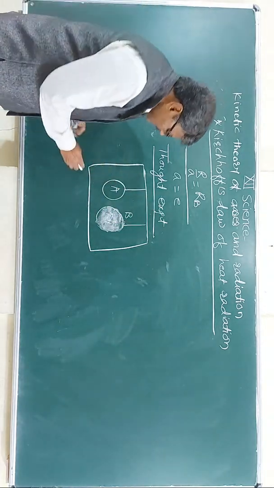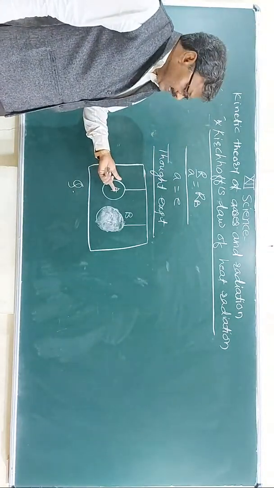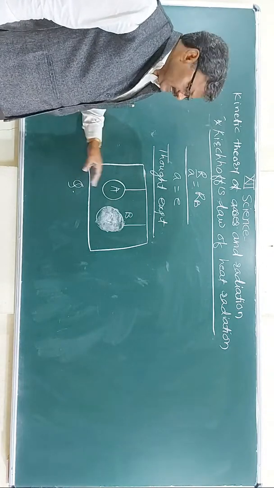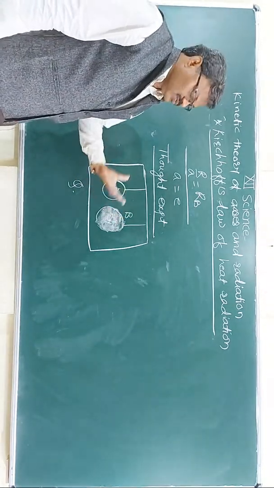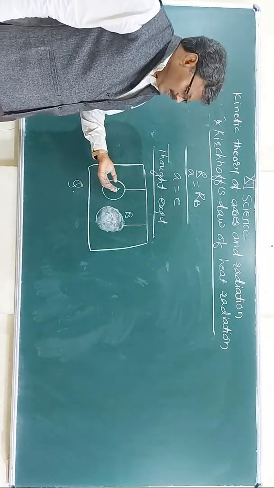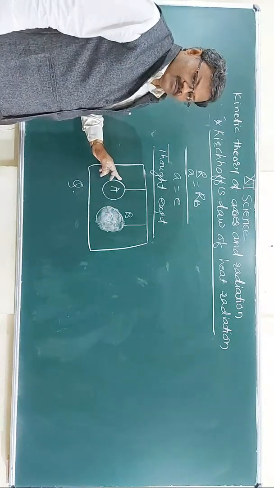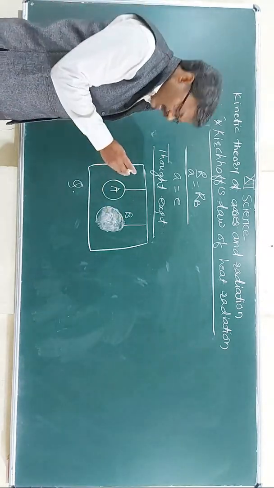Q is the radiant energy, or radiant heat, incident on each body. This is the same for both, because the two bodies are in thermal equilibrium, so there is no change in temperature.